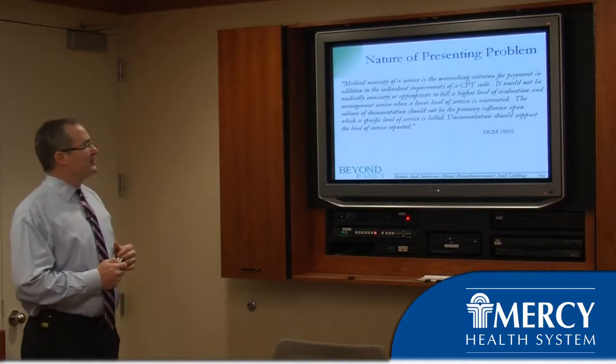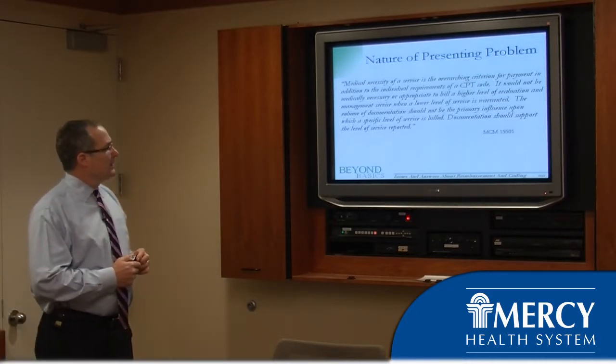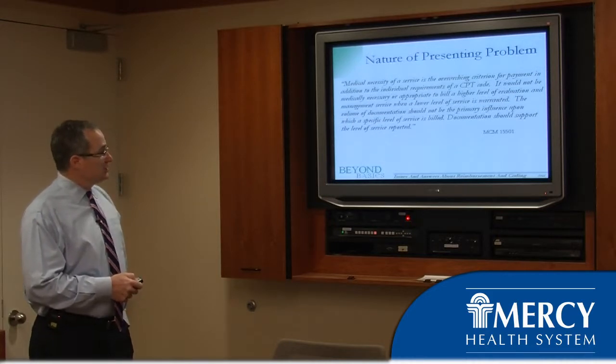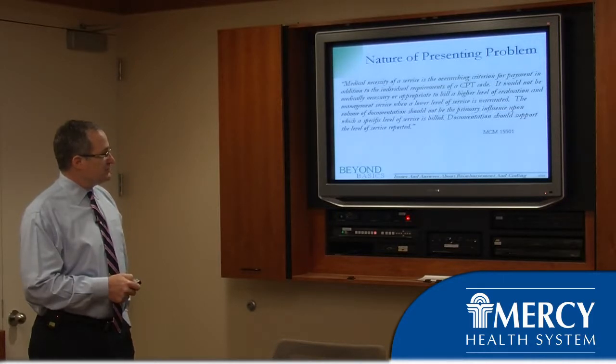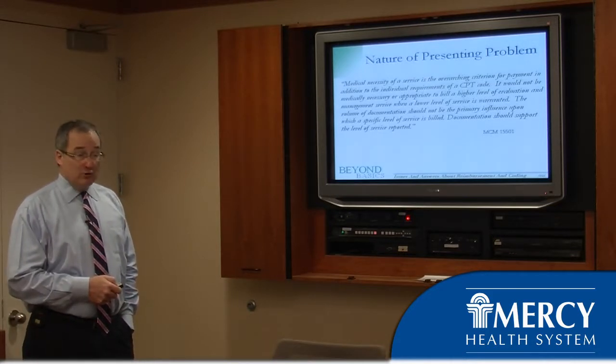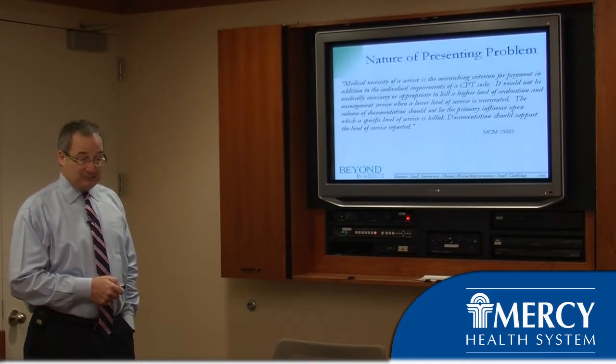Okay, so let's talk about the nature of the presenting problem. Medical necessity is, as it says here, the overarching criterion for payment in addition to the individual requirements of a CPT code. It would not be medically necessary or appropriate to bill a high level of evaluation when a lower level of service was warranted. The more you write does not necessarily make the higher the bill.